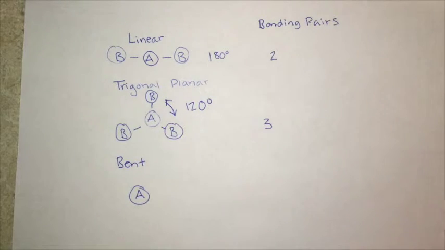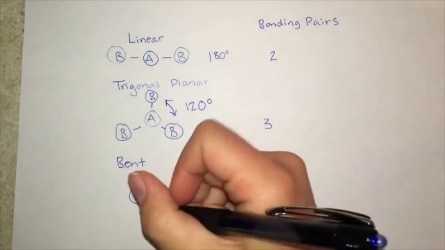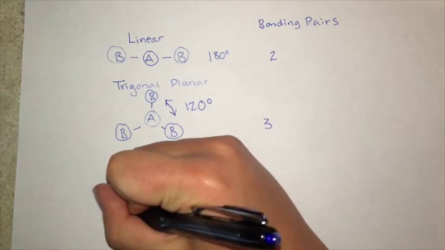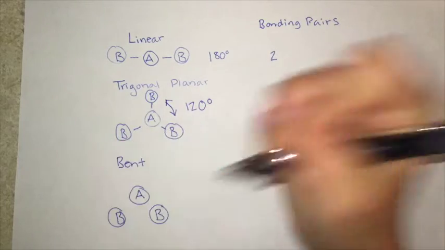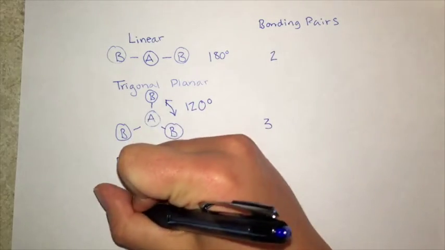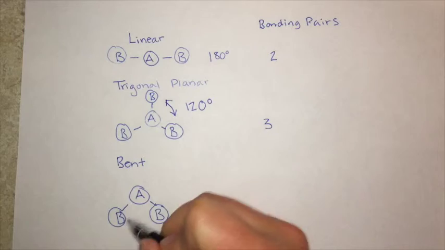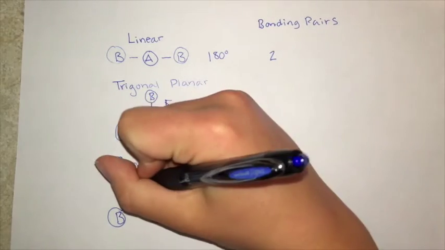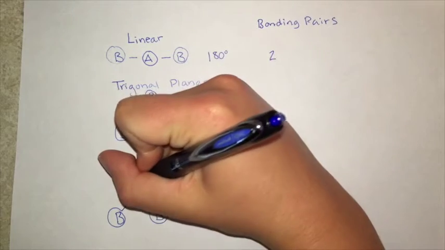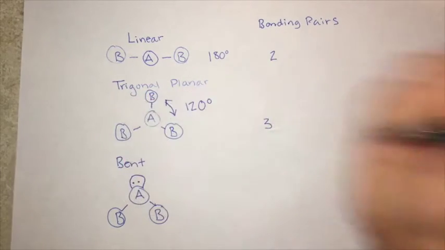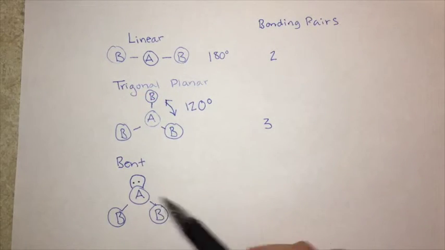This is the more trigonal planar version of it, where it only has 2 outer atoms. It's going to have 2 bonding pairs, but then it's also going to have 1 lone pair. So that's what a bent molecule looks like.